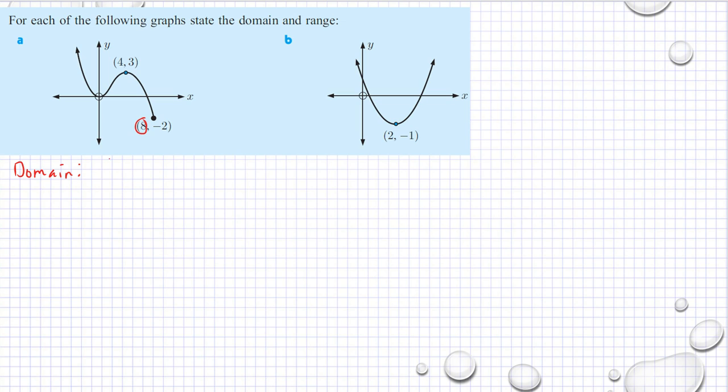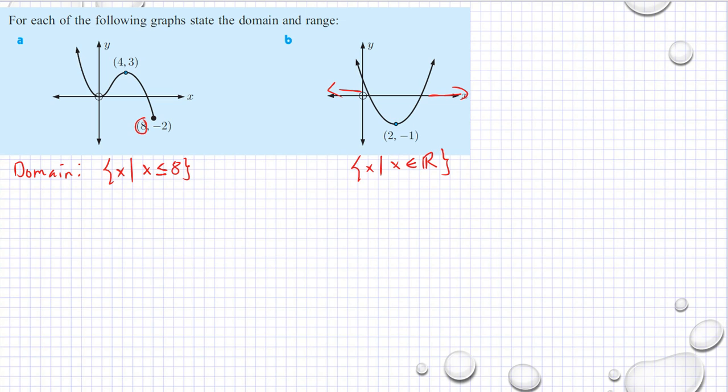So that means the values of x such that x is less than or equal to 8. How about here? The values of x such that, as you can see here, it goes that way and it goes that way into infinity. Then we have x is an element of a real number, or all values of x. You can also write that way.